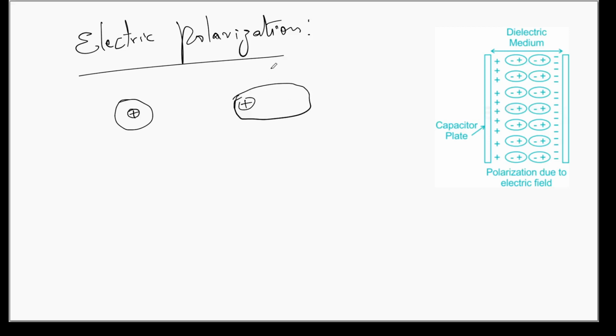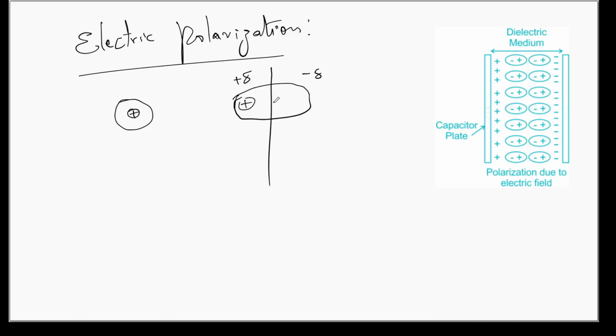If you draw a vertical line that is passing through the center of the atom or a molecule, then you see that this side of the molecule is relatively positive with respect to this side. This side will be relatively negative. A small positive charge seems to be present here, and a small negative charge appears to be present on this side.